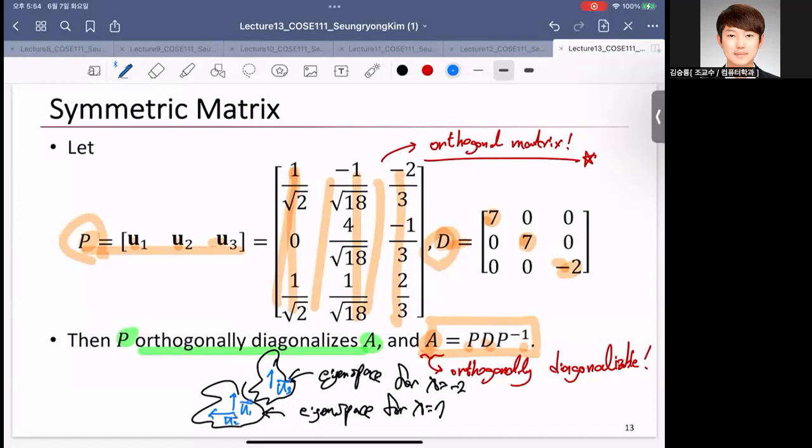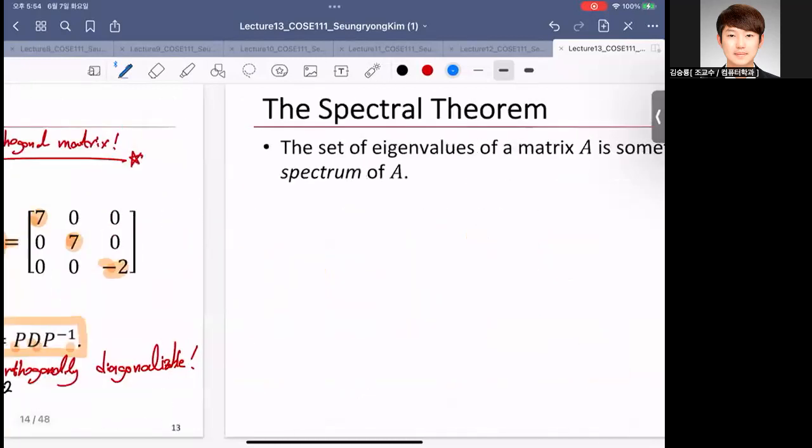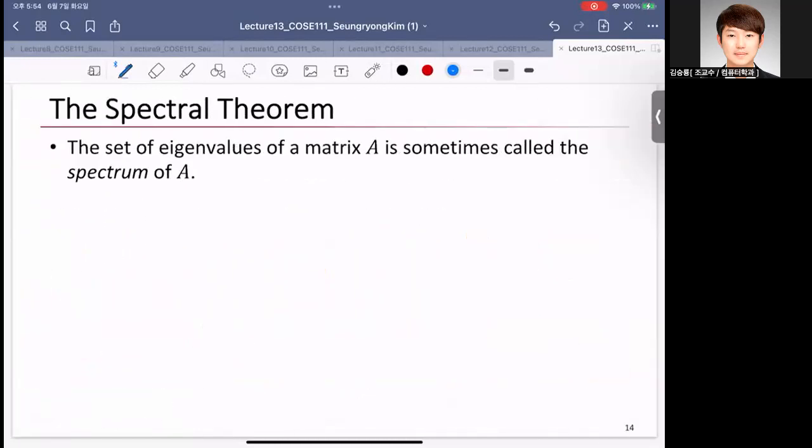They are orthogonal to each other, and U1 and U3 are orthogonal, and U2 and U3 are orthogonal because this is from the theorem. 그렇죠? 이렇게 그림 볼 수 있을 거야. 너무 좋은 질문이네요. 자, other question.